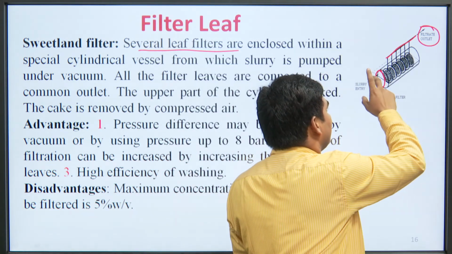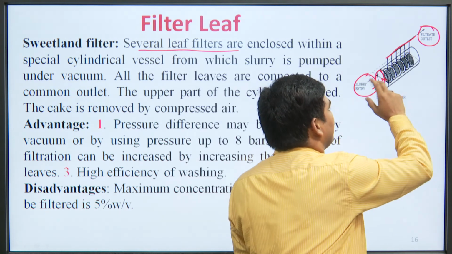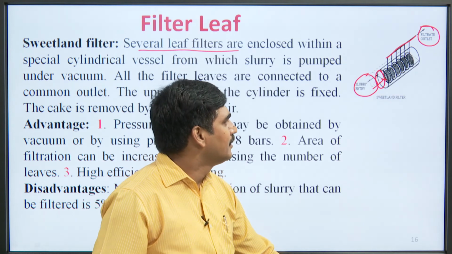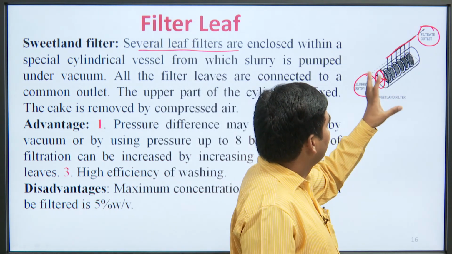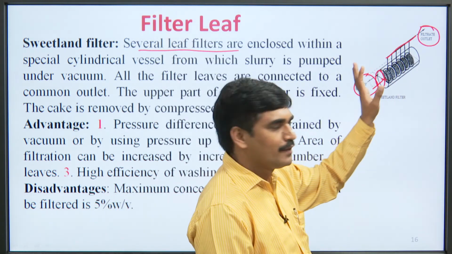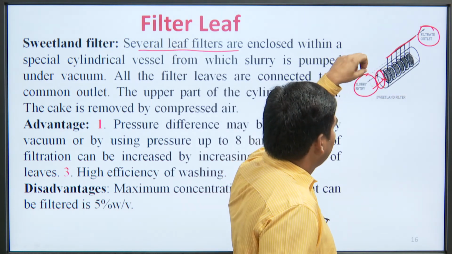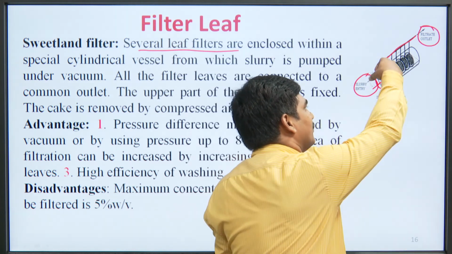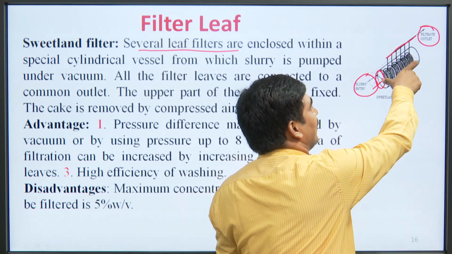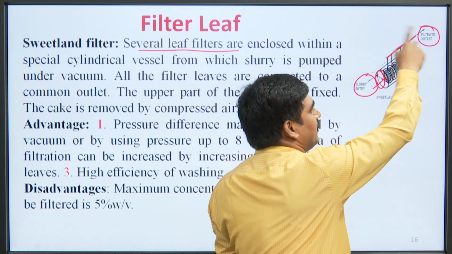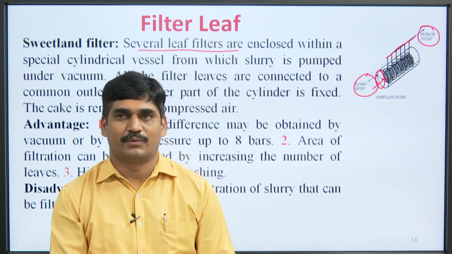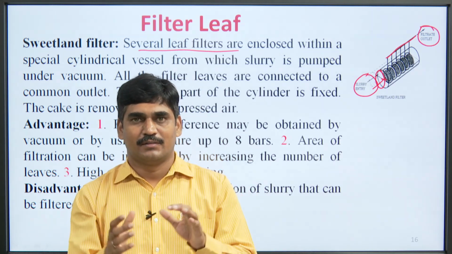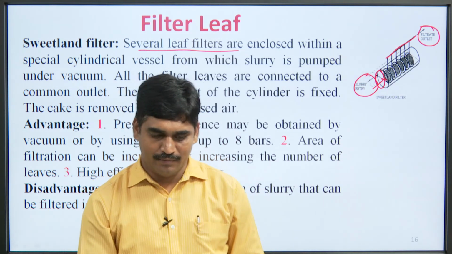As soon as the slurry enters the Sweetland filter, the filtrate passes through the different filter leaves and can be collected through the common filtrate outlet. This type of arrangement is used in the Sweetland filter.